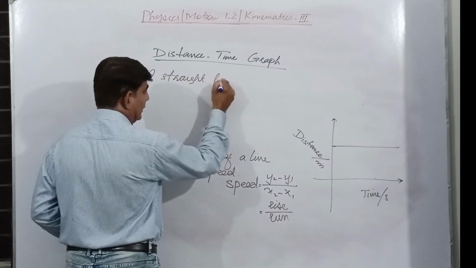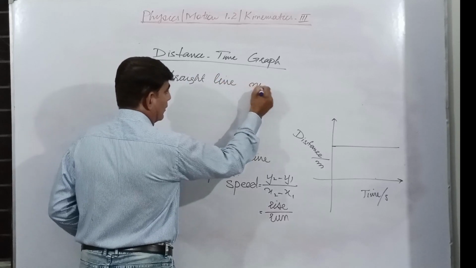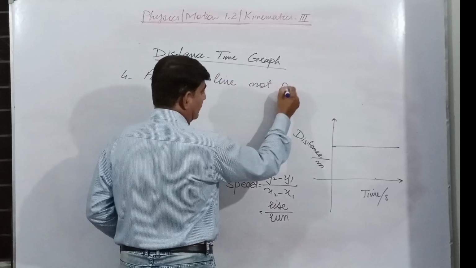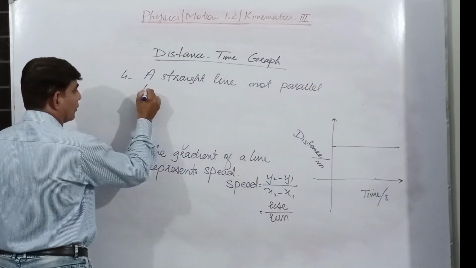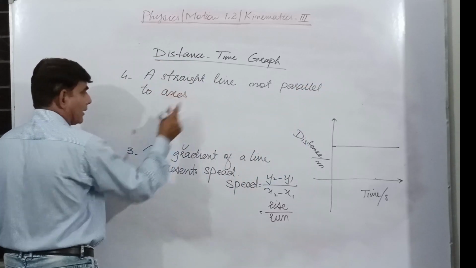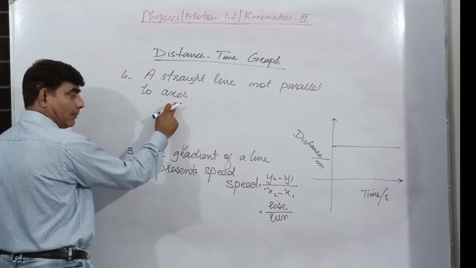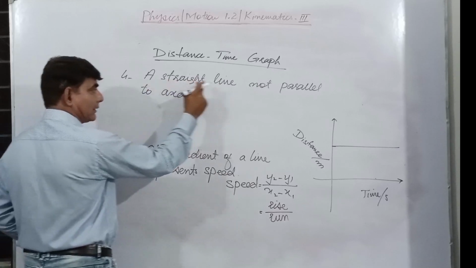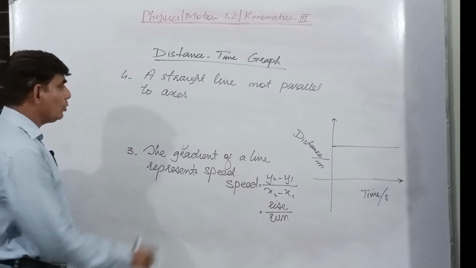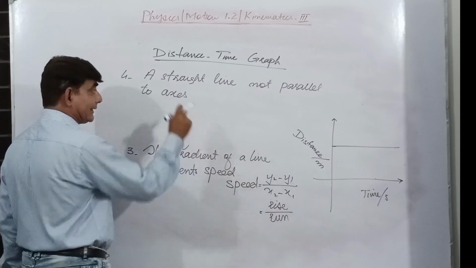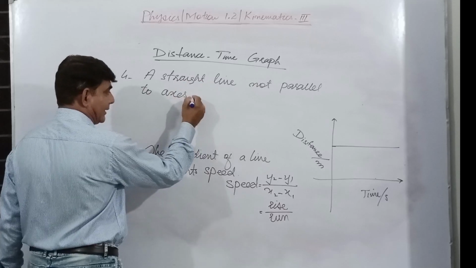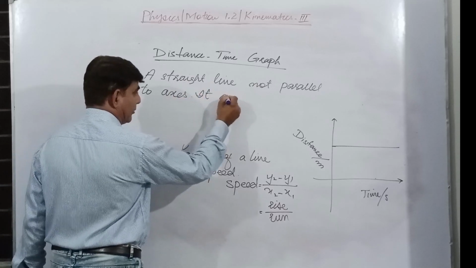A straight line not parallel to axes. This means plural, both x and y. A straight line not parallel to axes, but the line is straight.